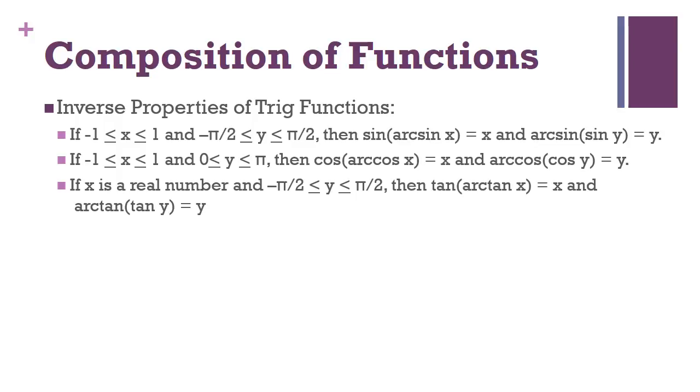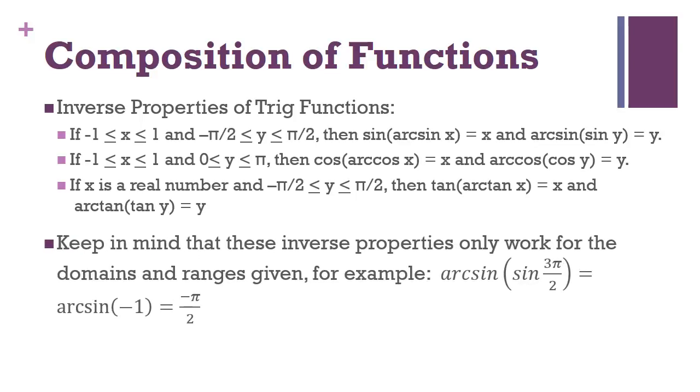Now, if the inner function is the inverse, everything's fine. It's when the inner function is not the inverse that it can get a little tricky. So the inverse properties only work for the domains and ranges given. Here's an example: the arc sine of the sine of 3π/2. You might think they cancel and give me 3π/2.